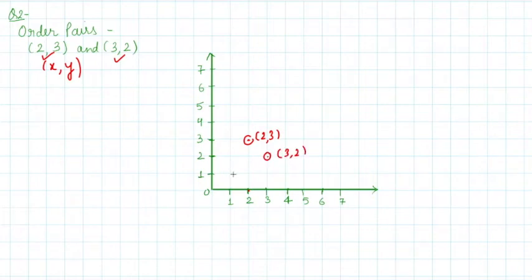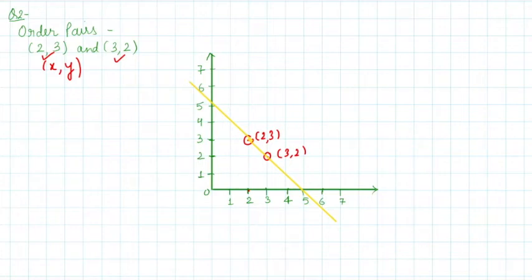Now when you are joining and extending these lines, they are intersecting somewhere on the x and y axes. So if I join these points and extend the line on the x-axis, it is intersecting at 5, and on the y-axis it is again intersecting at 5, right?